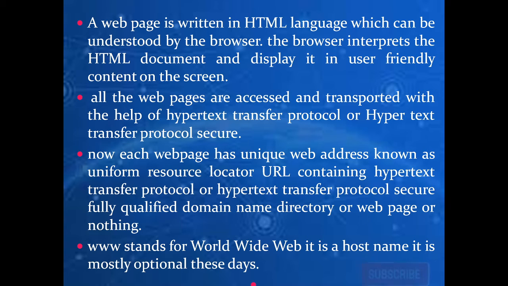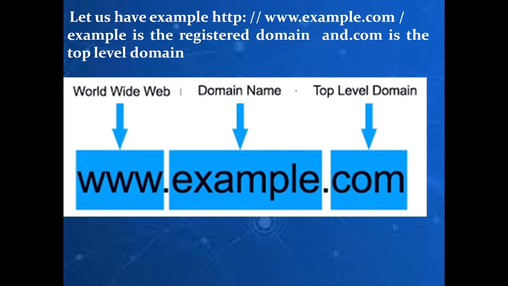Suppose we take this example. Here, what is written, beta? HTTP. HTTP is the name of the protocol. Then www. What is this one? This is the host name. Example is the registered domain.